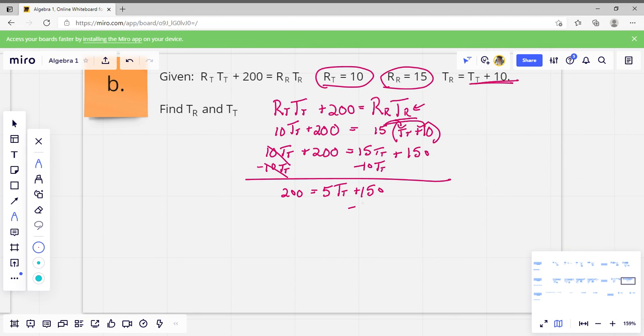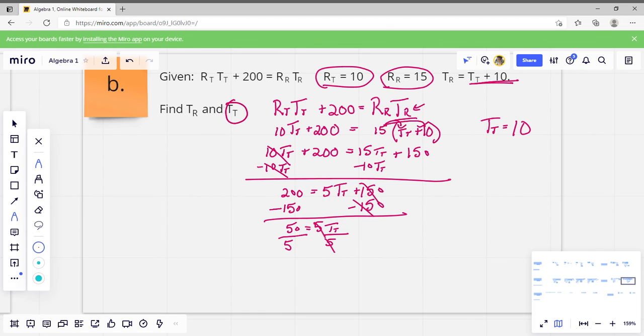Now I'm going to subtract 150. That'll be 50 equals 5 TT. Now I'm going to divide by 5, and I'm going to get TT equals 50 divided by 5, which is 10.